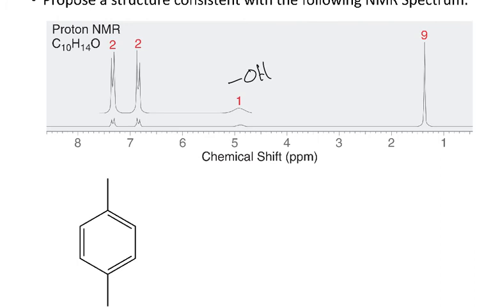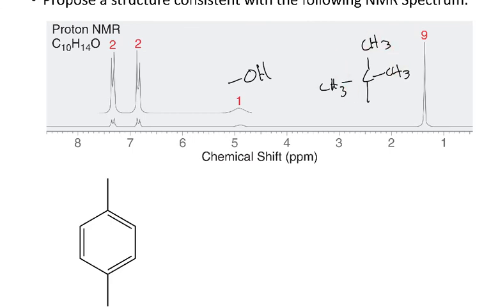And then another pattern that I notice, when I have an integration signal of 9 that's a singlet, this is most likely a t-butyl group. And my benzene's already taken up 1, 2, 3, 4, 5, 6 of the 10 carbons. My t-butyl group takes up the other 4, and so that's accounted for all of my carbons.